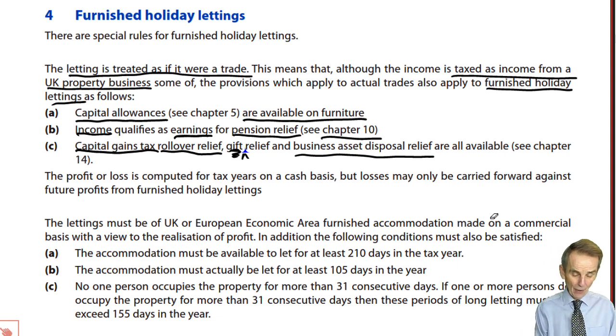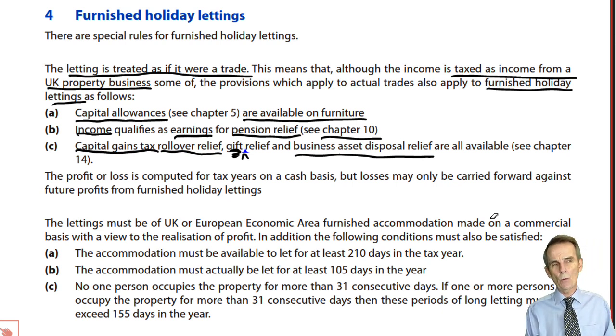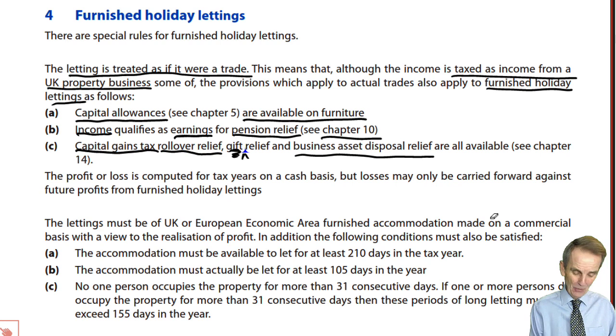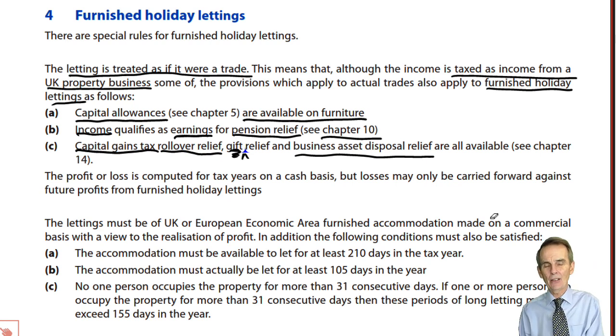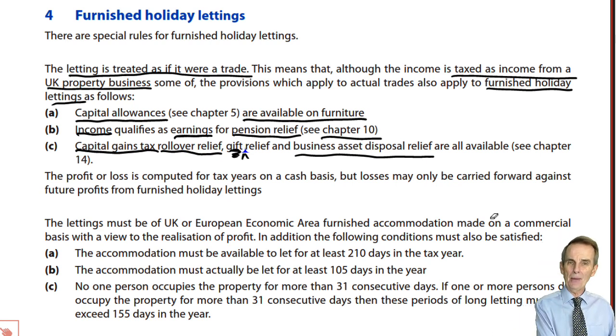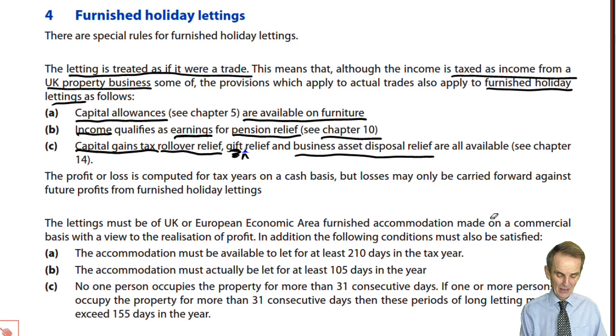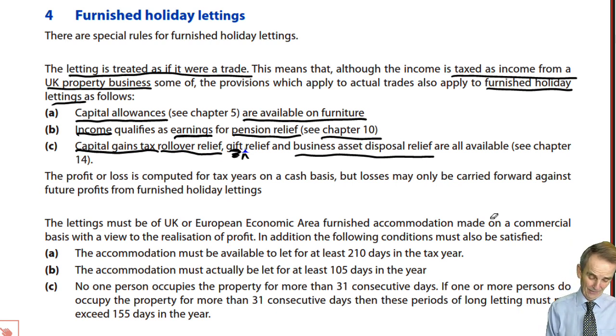So this is a preferential treatment for something classed as furnished holiday lettings, treating it more as we would a trading asset used within a business, because this furnished holiday let does take on the appearance of trading rather than just a property business that is being run. So those are good things to have.